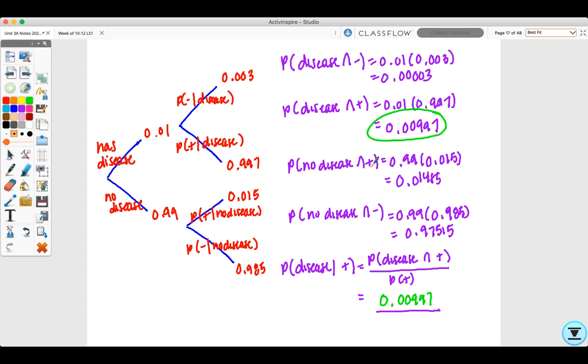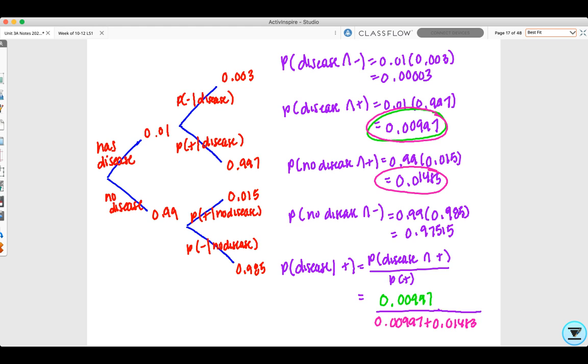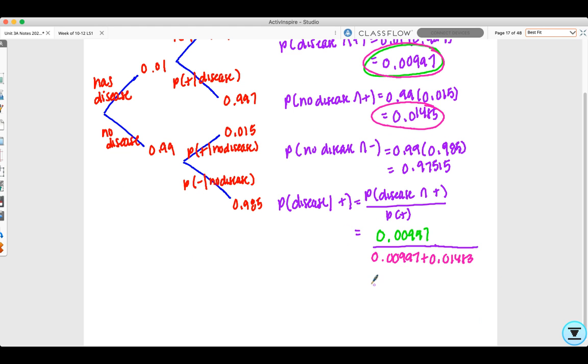So the test is positive here and here. So that would be divided by 0.00997 plus 0.01485. And when you put that in your calculator, it'd be 0.4017.